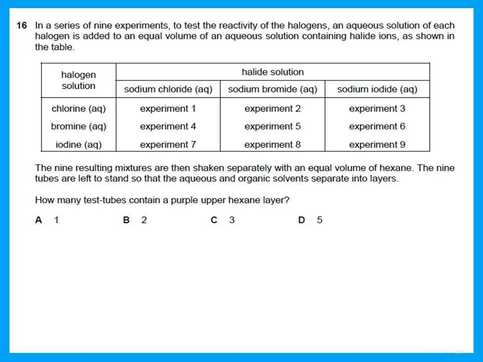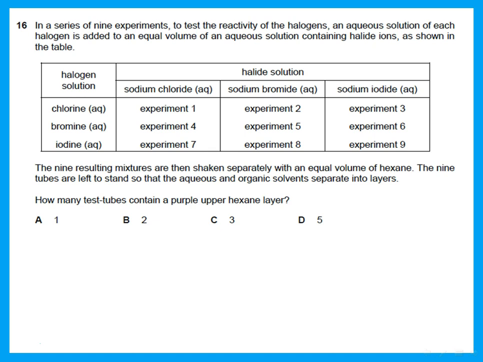In a series of 9 experiments to test the reactivity of halogens, an aqueous solution of each halogen is added to an equal volume of an aqueous solution containing halide ions. So he has chlorine with sodium chloride, chlorine with sodium bromide, and so on. The 9 resulting mixtures are then shaken separately with an equal volume of hexane.